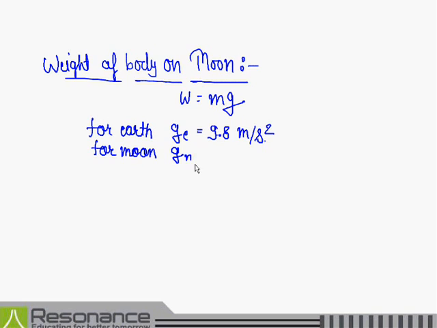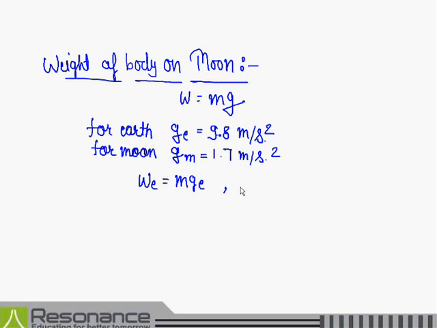Hence, weight of body on the Earth's surface We equals mge and the weight of body on the moon surface Wm equals mgm.